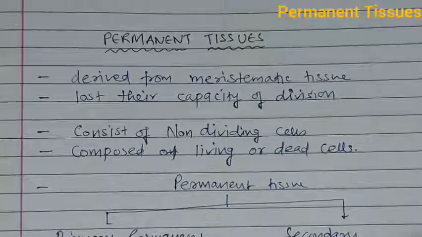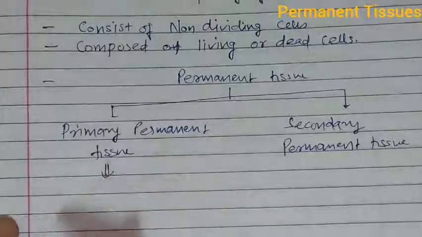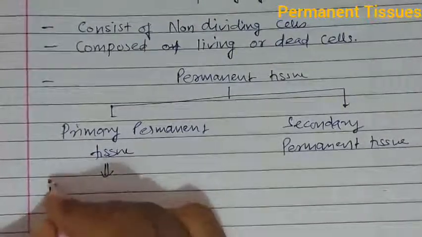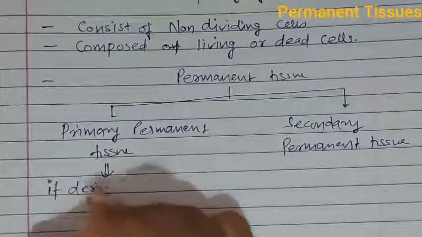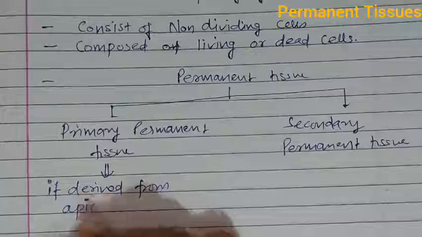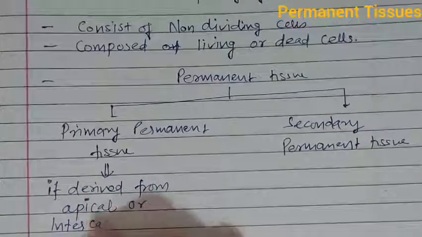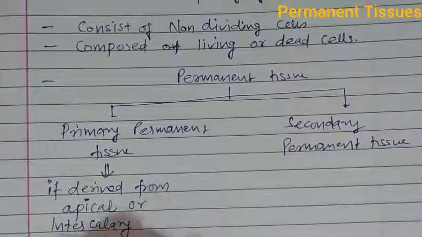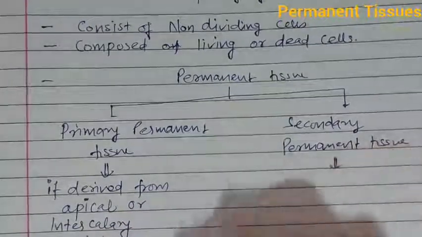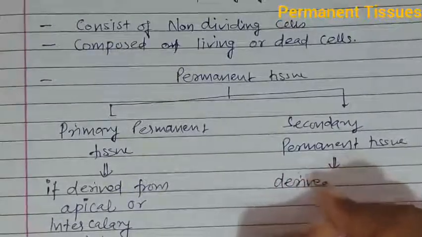This will be called a primary permanent tissue if they are derived from apical or intercalary meristem, whereas secondary permanent tissue is derived from lateral meristem.